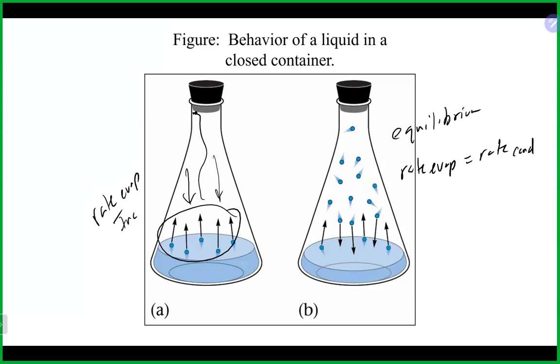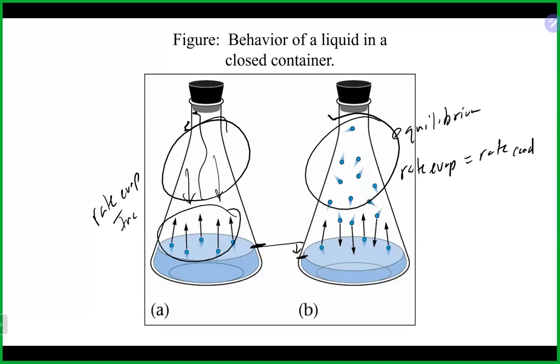If you really notice the liquid volume before you started and after it reaches equilibrium, you'll notice a slight decrease in the liquid level. That's because when you started, you had no gas molecules above it. Now you have all these vapor molecules that are not in the liquid anymore, and that makes the overall liquid volume come down a little bit.